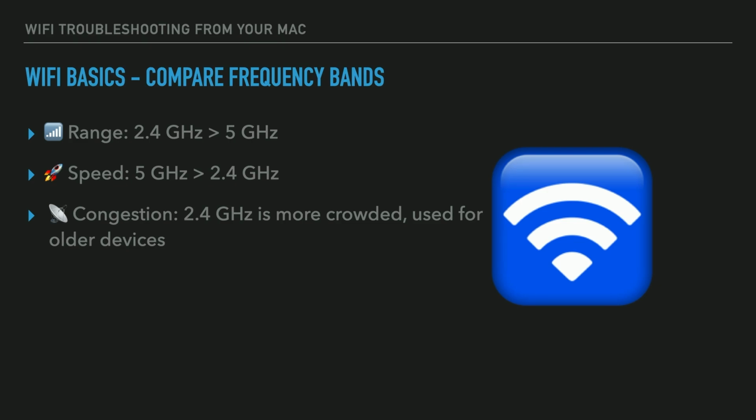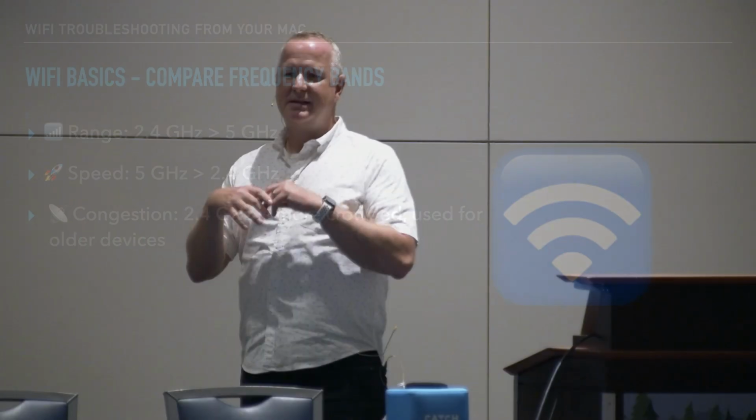Smaller waves, smaller ripples, the 5 gigahertz would be these smaller waves. They're arriving a lot faster, but they're not able to go through walls quite as much. So that's where your 2.4 gigahertz is going to give you that range. But because it's slower, it takes a little while longer, so you're not getting as many packets, as much bandwidth inside of that.